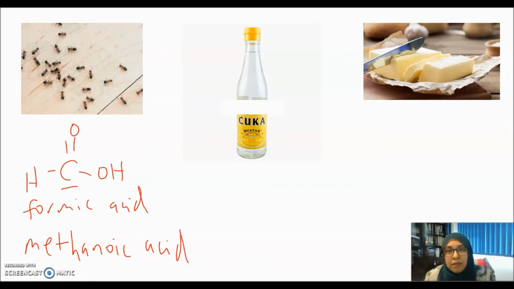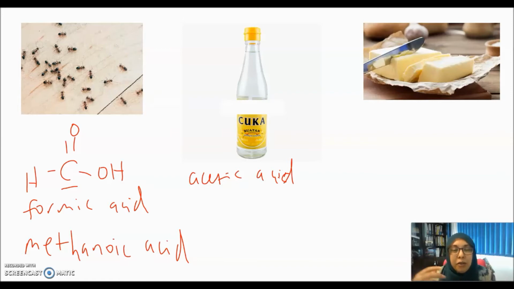The second one is vinegar. Vinegar contains acetic acid. It's about 90% water and 10% acetic acid, if I'm not mistaken. I could be mistaken, but it definitely contains acetic acid. Again, this is the famous common name of acetic acid.